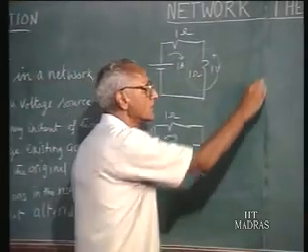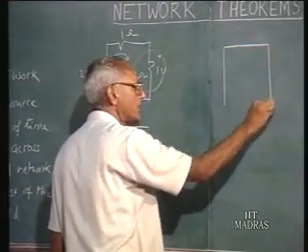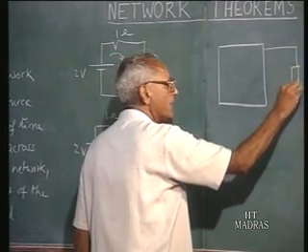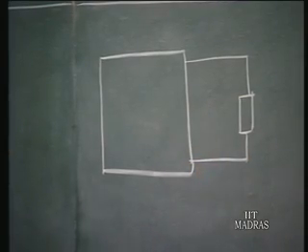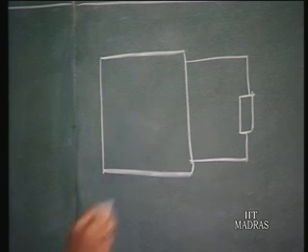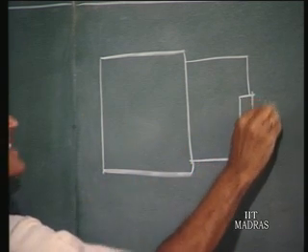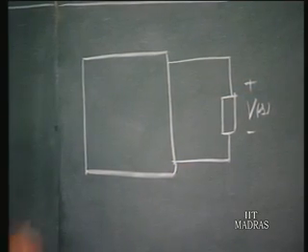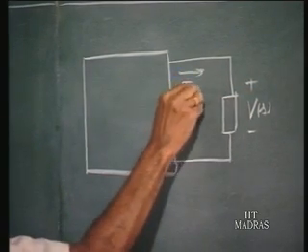In general, you have a network here, and let us say that we have an element here, maybe linear, maybe non-linear. That element we have not made any particular stipulation about. It has, in the Laplace transform domain, let us say, a voltage Vs, and it has a certain current Is.